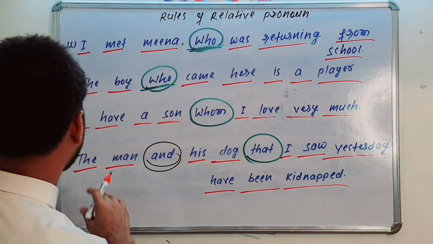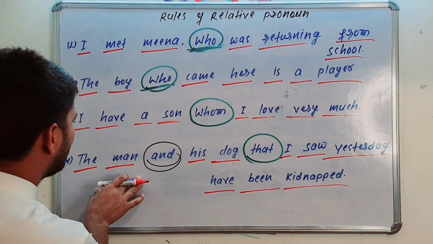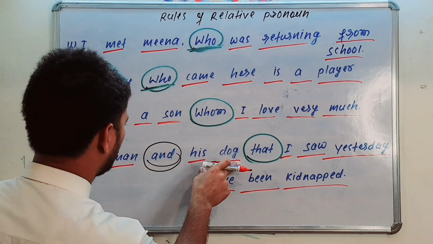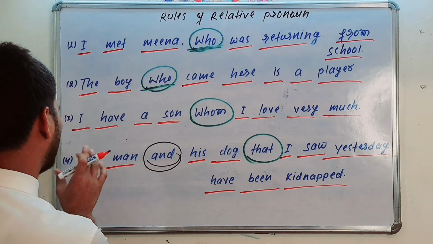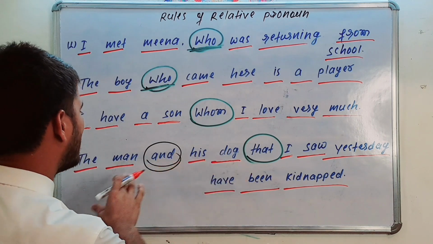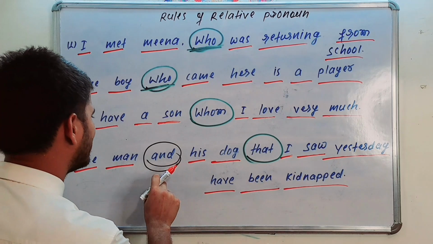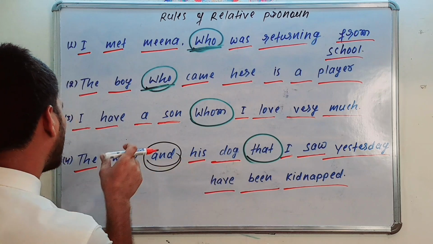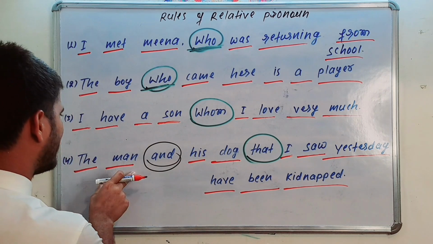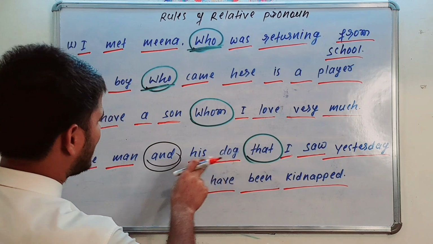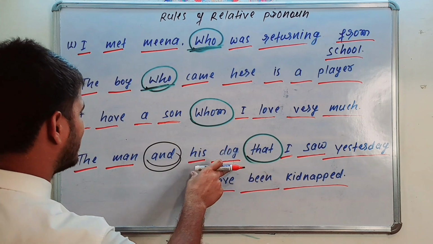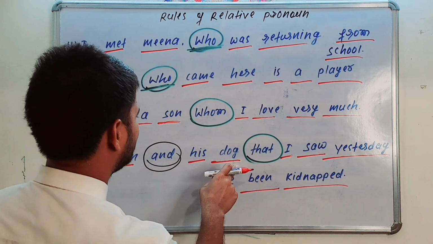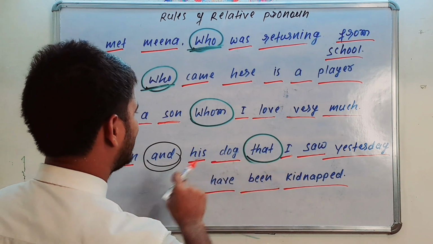Here I'm going to show you with the fourth example: the man and his dog, two antecedents. And is a conjunction joining two antecedents, in which the first should be a person, the man, and the second, his dog, animals or things. Then just after the two antecedents, the relative pronoun that is used.